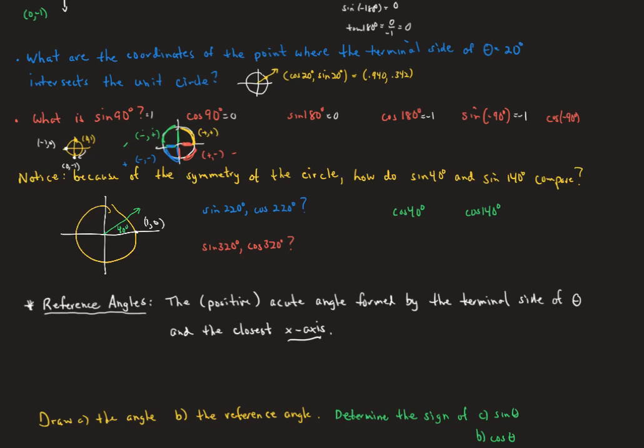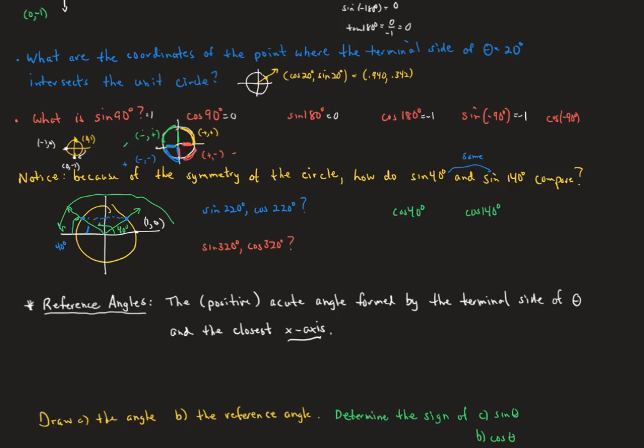Now, 140 we could think of as being 180, and then back up 40 degrees is going to be here. So a 140-degree angle is going to be here. This part right here would be a 40-degree angle as well. So the sine of 140, remember, is going to be the y-coordinate of this point, and the sine of 40 would be the y-coordinate of that point. And hopefully you can see they would be the same. So these would be the same.